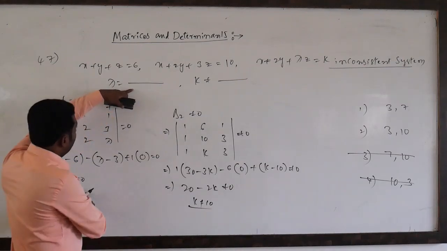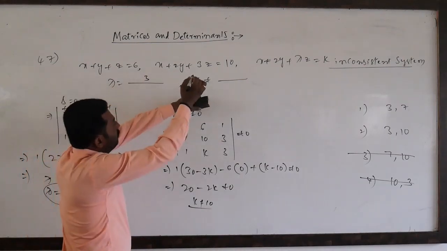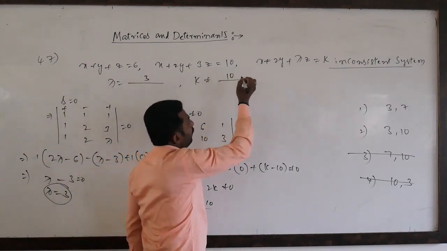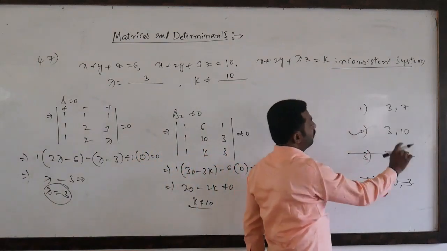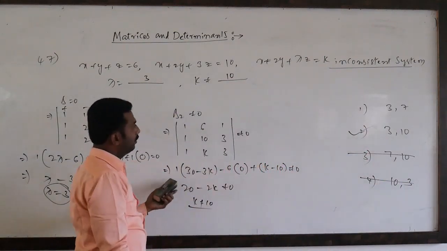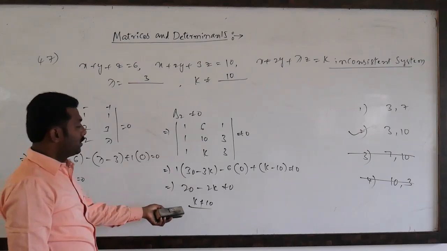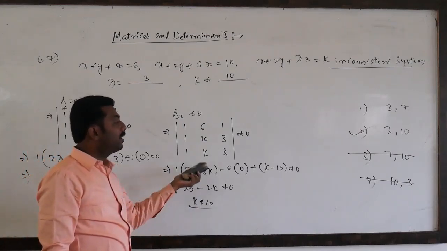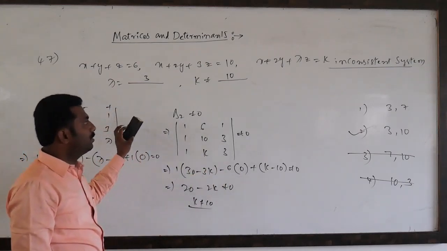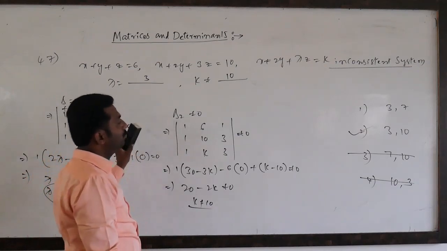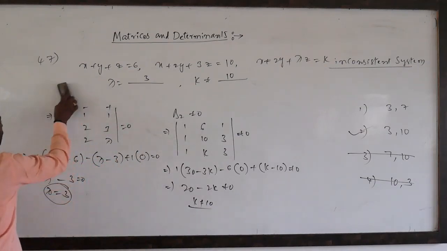So lambda value 3, k is not equal to 10. So which option we can give as the answer? The second option. Suppose you are not getting it here, lambda 3 we have to calculate. This is the most important concept you should remember. Next question.